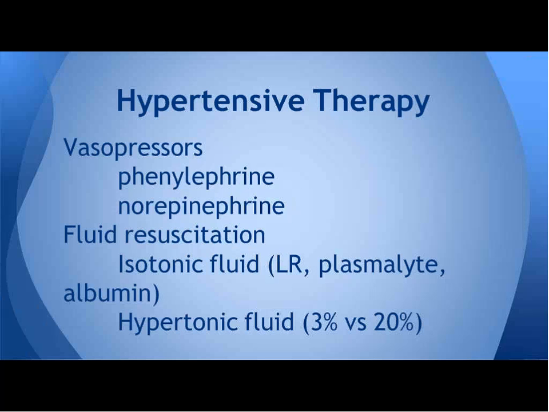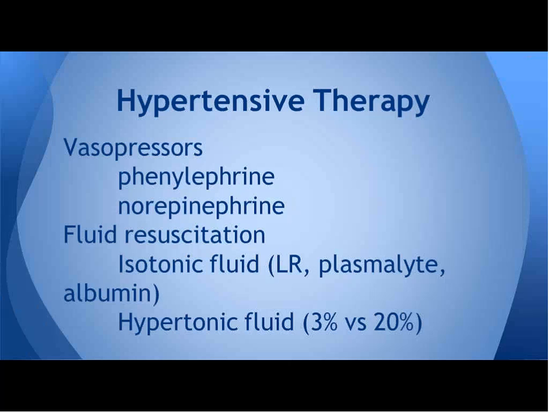So the ideal fluid, I would say, at this point would be lactated Ringer's, Plasma-Lyte, which is probably about $20 a bag, and then albumin, which again is about $230 to $350 a bag. So lactated Ringer's, I think, is ideal. But again, looking at the individual patient's characteristics would determine what fluid you're going to use.